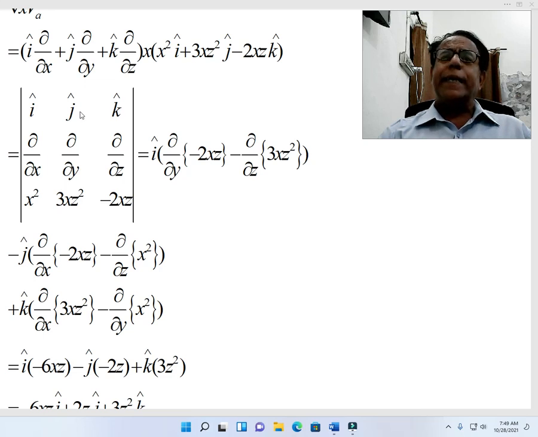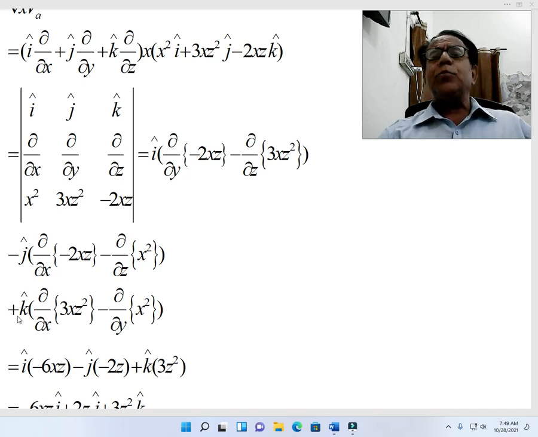Okay, minus j partial over partial x minus 2xz minus partial over partial z x square plus k. When we consider k, the third column and first row will not be taken into consideration, and the remaining 4 elements will be taken into consideration.